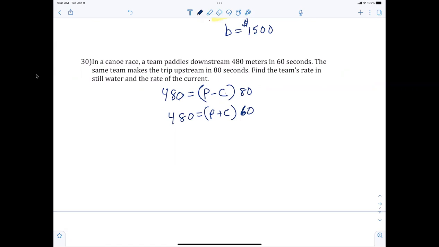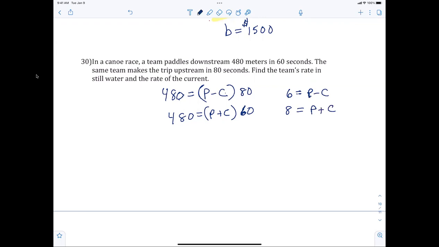Oh, so now 480 divided by 80 is 6 equals P minus C. And the second equation then would be what? Oh, which is 8 equals P plus C. Yes. Yeah.